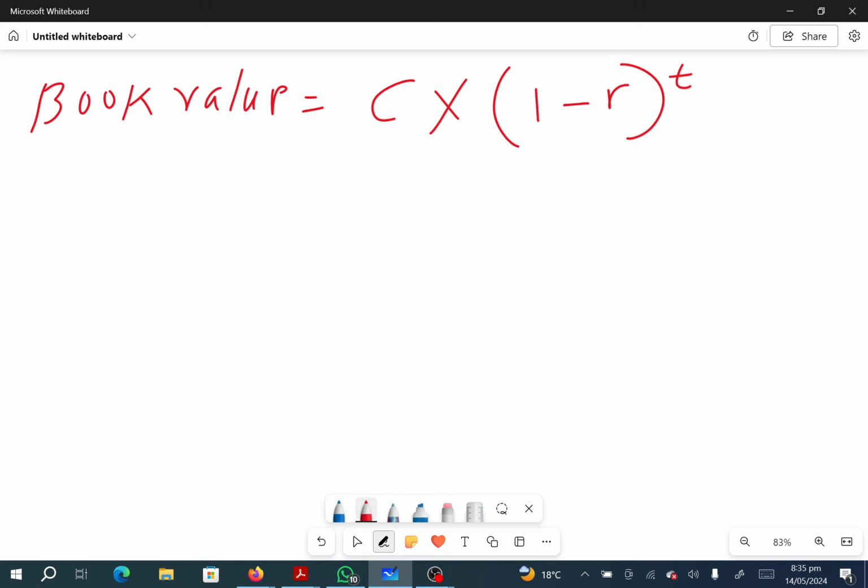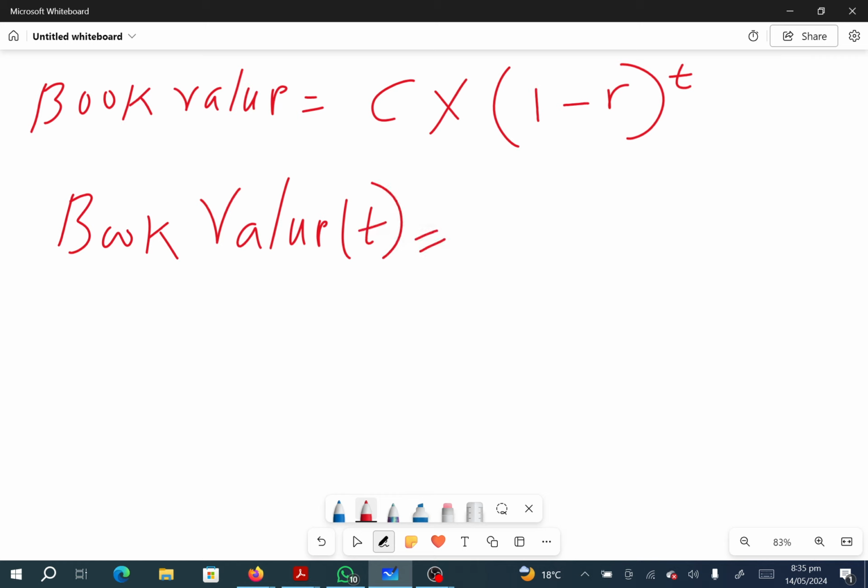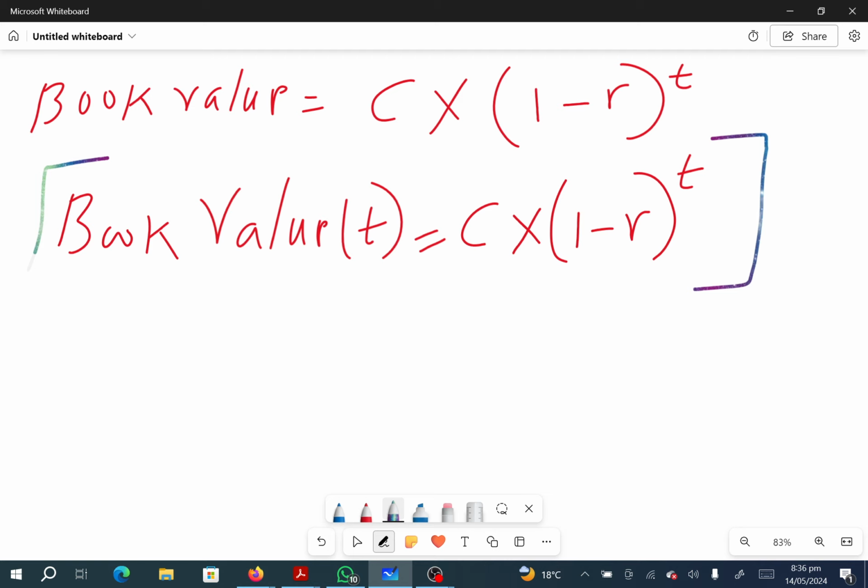This book value is quoted in terms of time. The book value of an asset in terms of time when it depreciates is equal to C, which is the initial cost, multiplied by 1 minus R, which is the rate, to the power T, the time in terms of years. We'll be using this formula to calculate our depreciation.